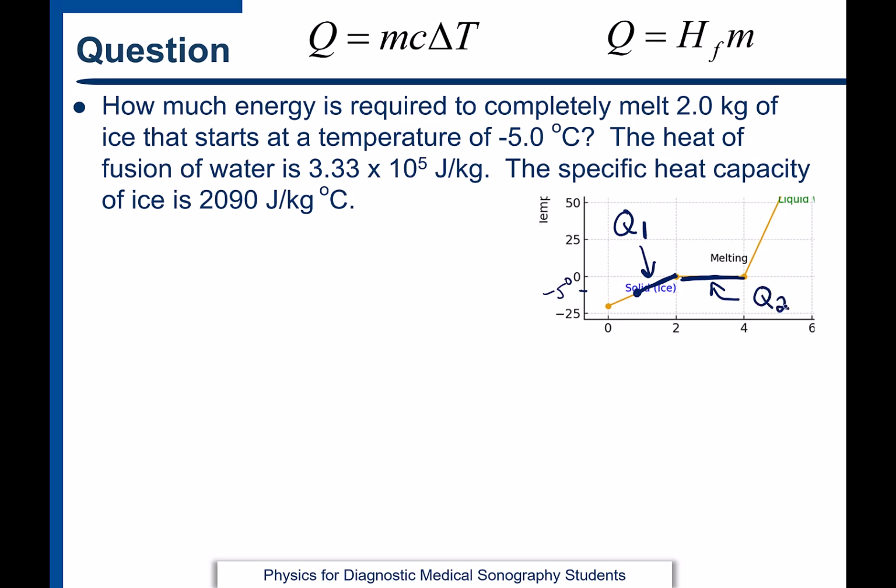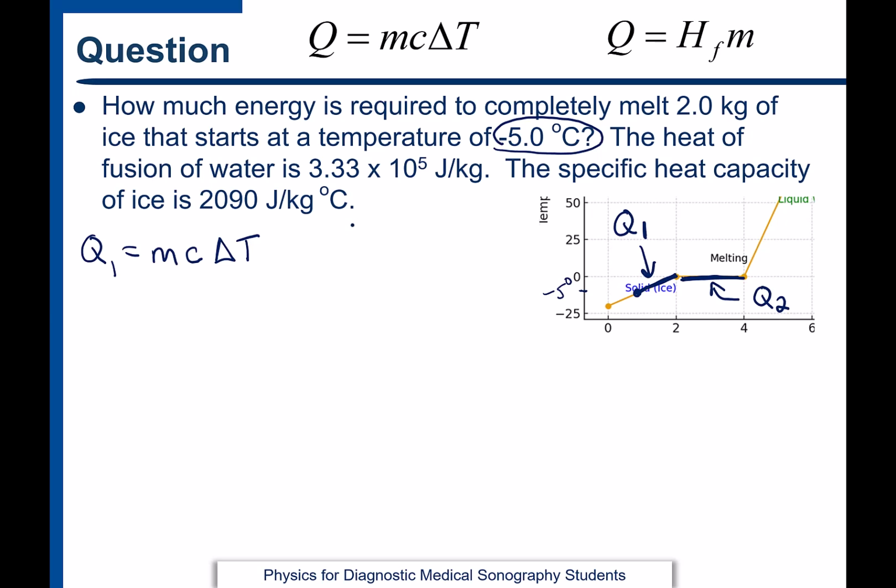The first thing we're going to do is what we worked on in the last video. In other words, Q1 is just going to be equal to mc delta T, because that's the heat required to change a certain amount of a substance by a temperature delta T. Let's look at delta T here just to be careful. We're starting at -5, so you can probably see right away that we need to change the temperature by +5 degrees Celsius.